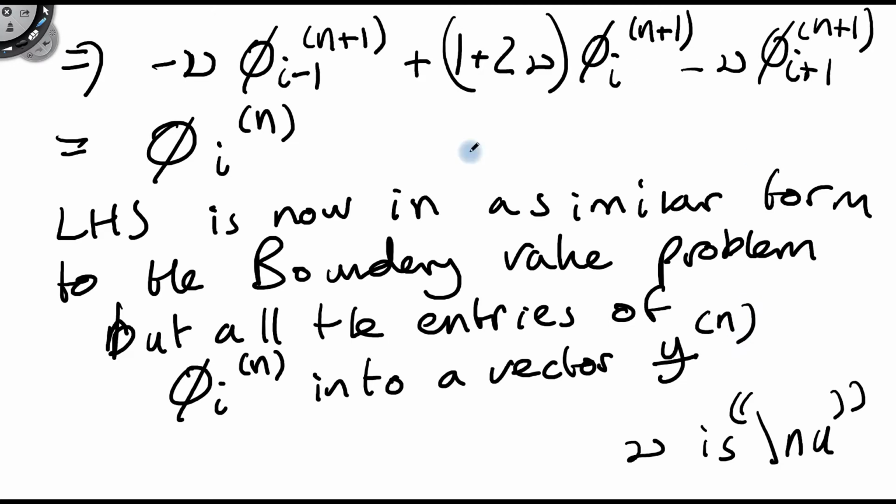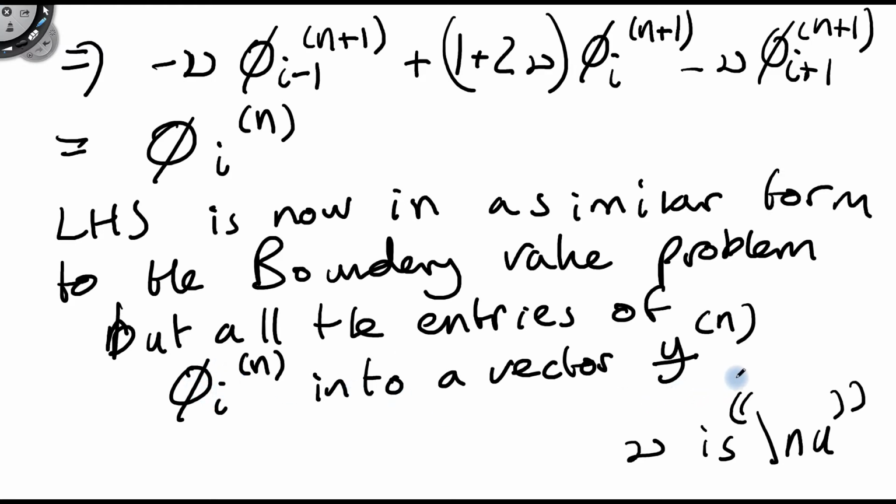You see what I've done? So all the i values, all the values in x, depending on how many you have, we haven't specified, they all go into a vector y. So the vector y n contains the spatial distribution of phi at any one point.